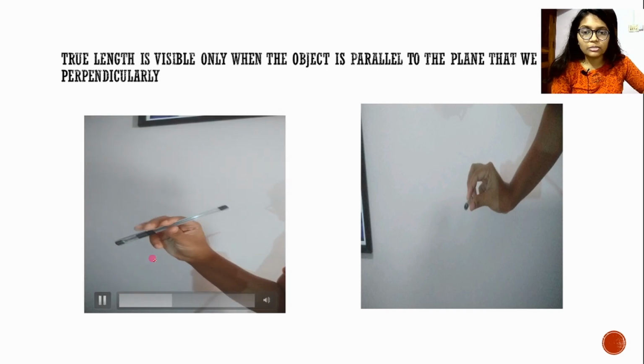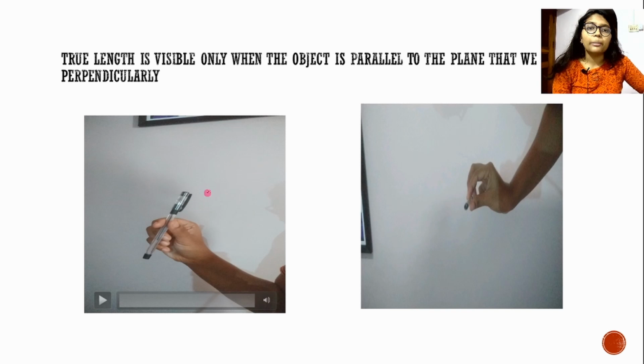See, the pen keeps on rotating, but when extended, it never hits the vertical plane. That is why we say that the pen is kept parallel to the vertical plane, and in every instant of its rotation, we can measure the true length of the pen. So we can quote a statement like, when an object is kept parallel to one plane and we are looking perpendicularly to that plane, we get the true length of the pen.